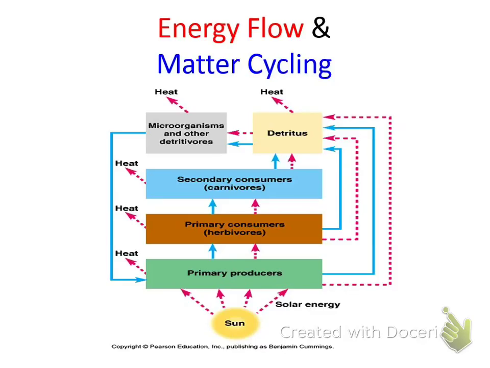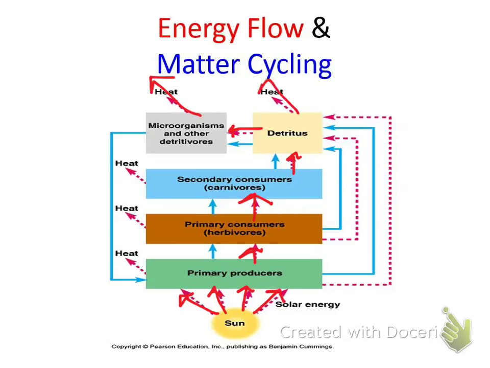If you look at this picture with me, you can see the red line is the energy flowing. Energy from the sun goes to producers, then to consumers, and then energy is lost.